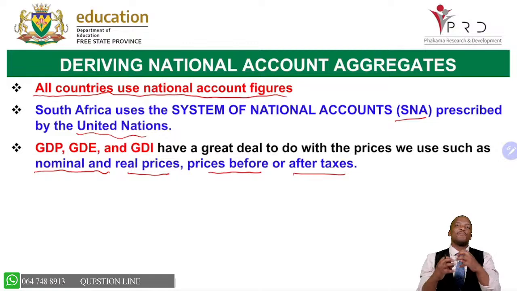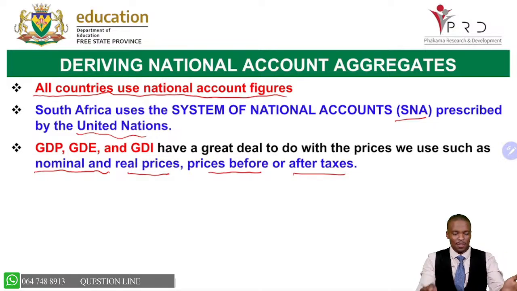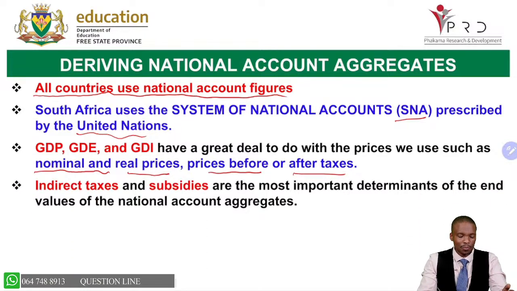Because we calculate GDP at market price, we want to check to say how much is the product after it has passed all the stages of production, where taxes are being added and where subsidies are being subtracted at the end of the day.